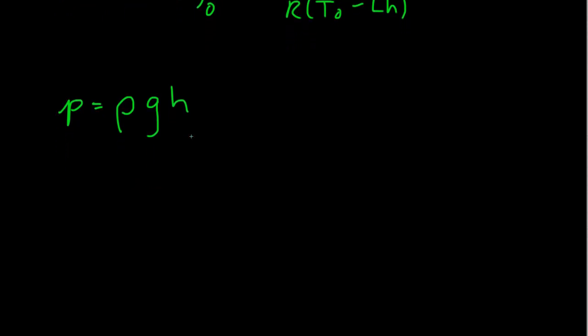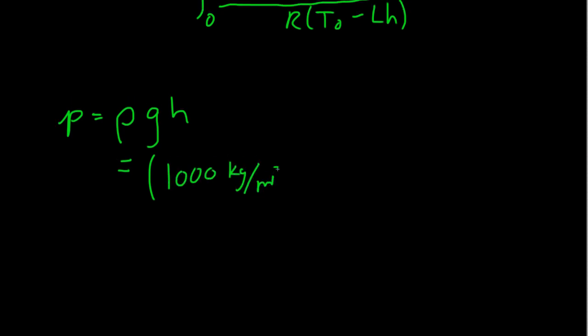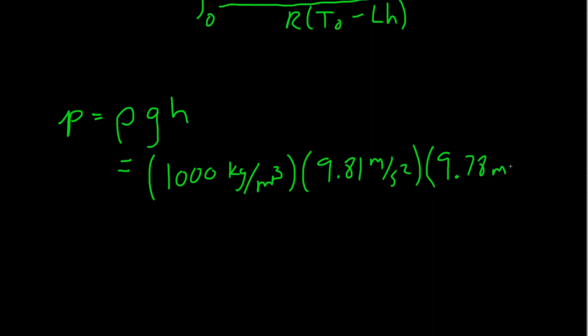Computing the pressure for 32 feet of water, or 9.78 meters: the density, 1,000 kilograms per meter cubed, the acceleration due to gravity, 9.81 meters per second squared, times the depth of our water, which is 9.78 meters.